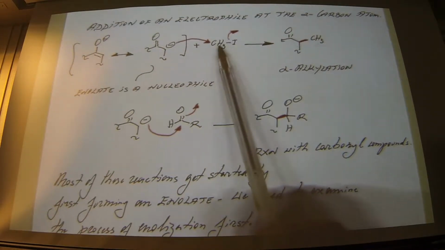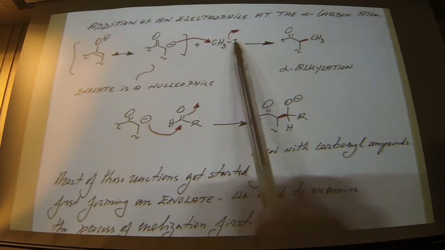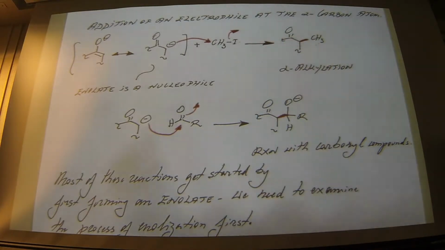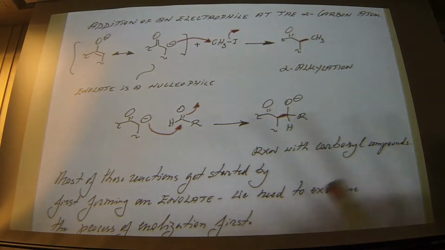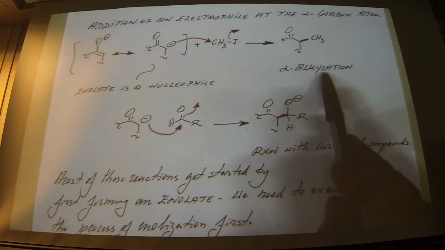Nucleophile does a displacement of a leaving group to form this red bond. In this case, it's a very interesting and useful SN2 reaction because it forms a carbon-carbon bond. This is a very common type of reaction that we're going to see again and again, where you take an enolate and alkylate it. So this is an alpha alkylation.